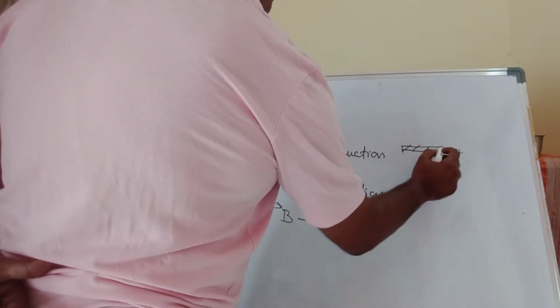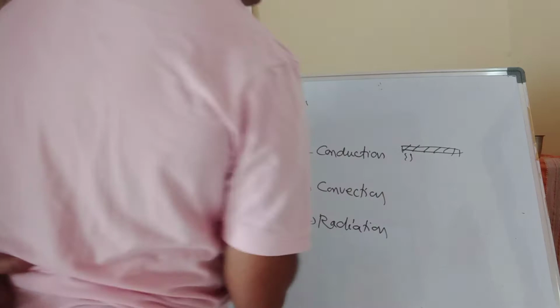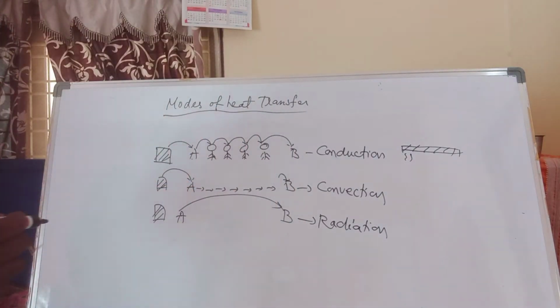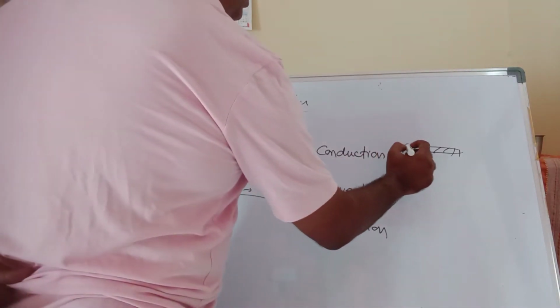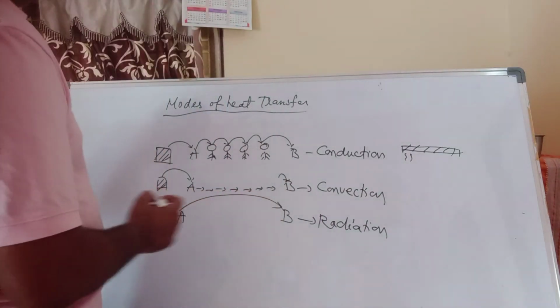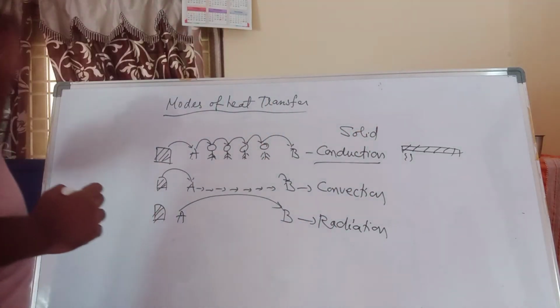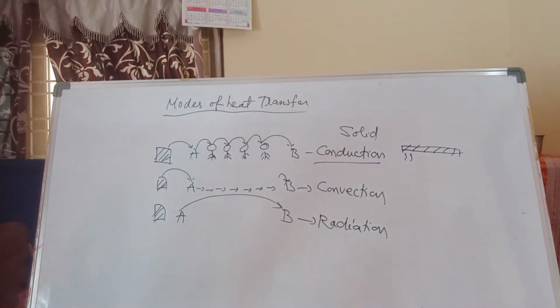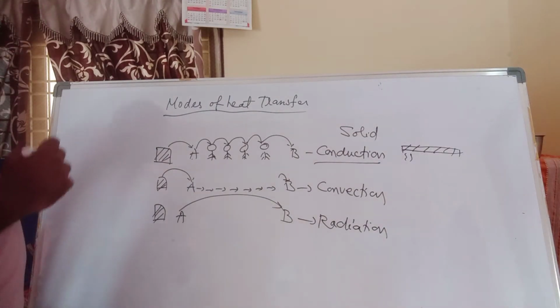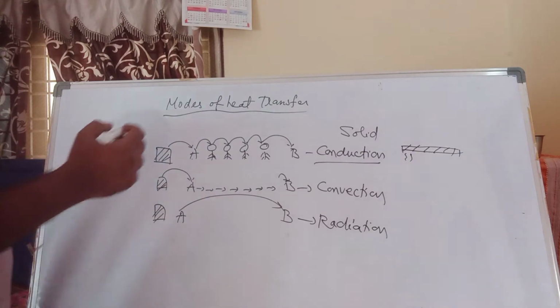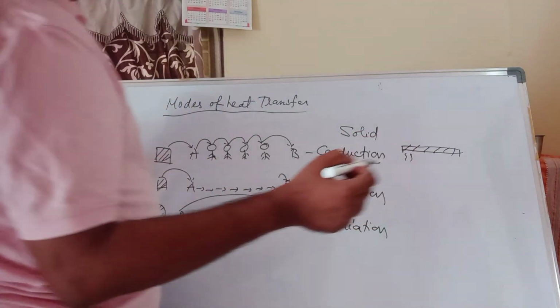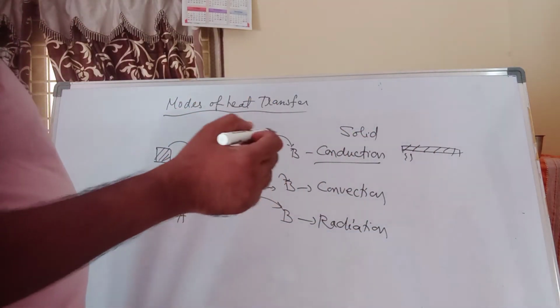Okay. You heat the rod at one side. What happens is, heat transfers to the other end. So this type of mode is usually seen in solids, in good conductors of heat. Basically, the molecules here are heated up, so their kinetic energy increases.